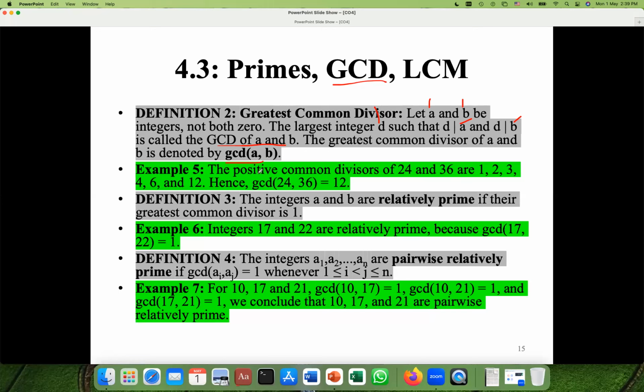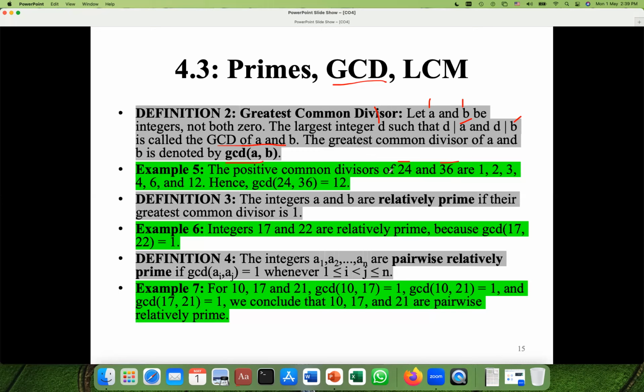For example, what is the GCD of 24 and 36? There is a procedure given to us in early classes where you find the multiples, then find the commons and multiply them, and then you have the final result.